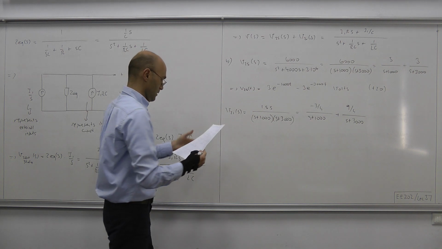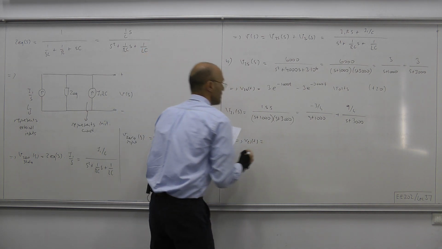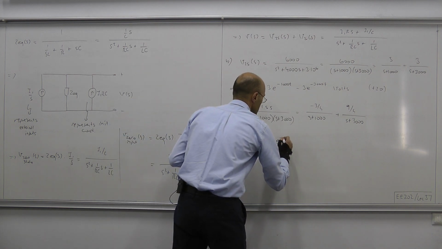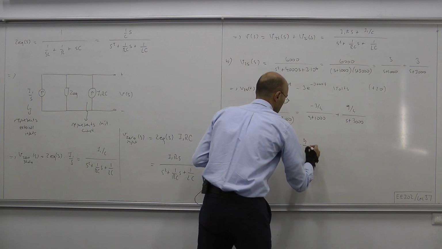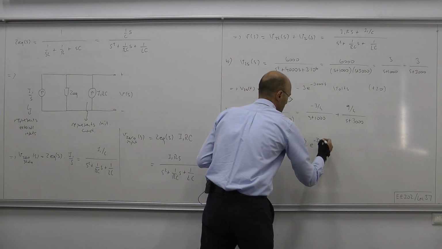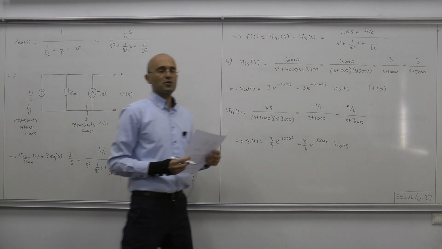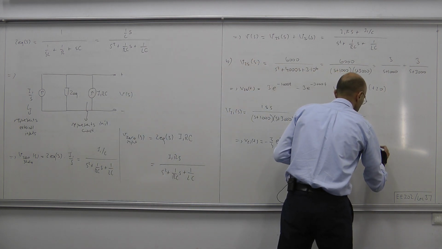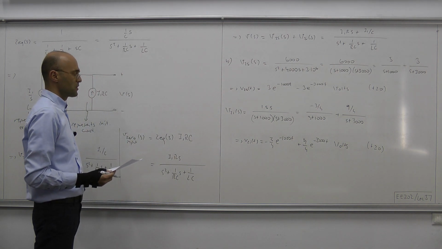Which means in time domain we will have minus 3 over 4 e to the minus 1,000 t plus 9 over 4 e to the minus 3,000 t volts, for t greater than or equal to 0, that is, after the switch is closed.